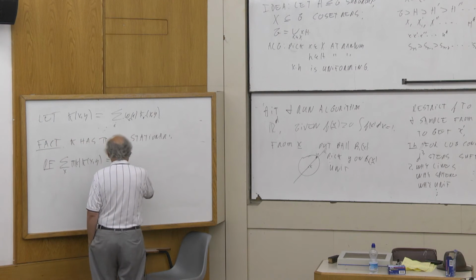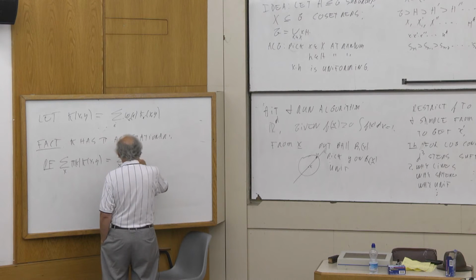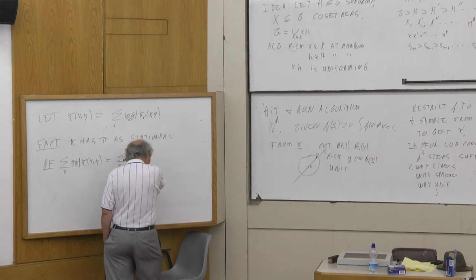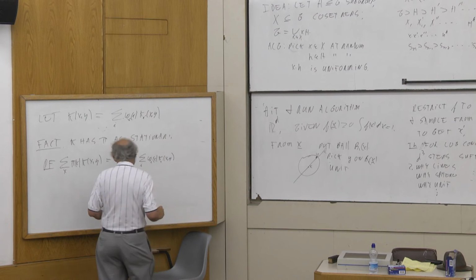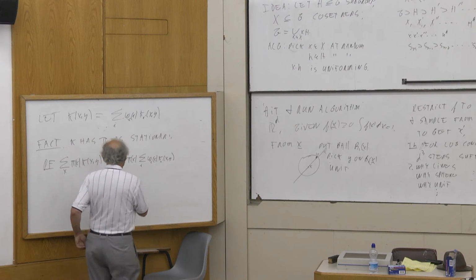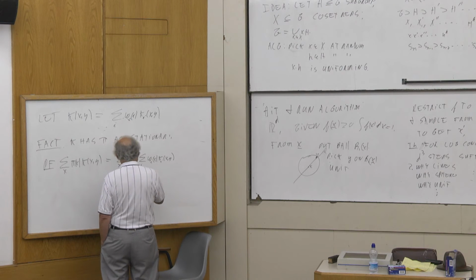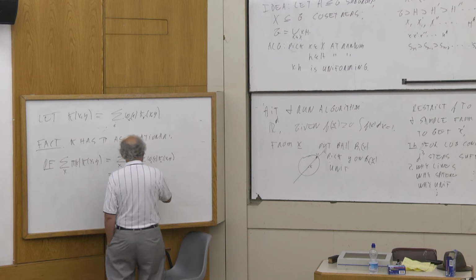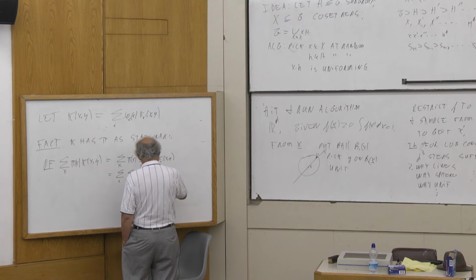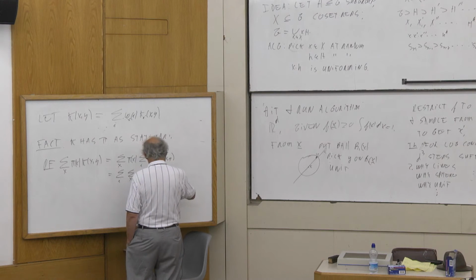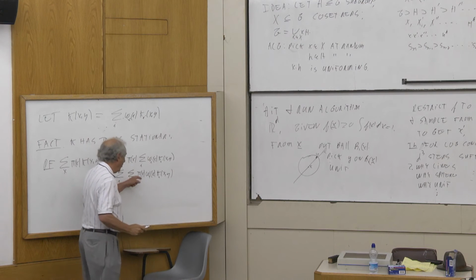Well, it's just the sum over x of pi of x, the sum over i of w_i of x k_i of x,y. Here's this measure. This is the sum in i of the sum in x of pi of x, w_i of x, k_i of x,y. I didn't do anything, but now this kernel has this as its stationary distribution.